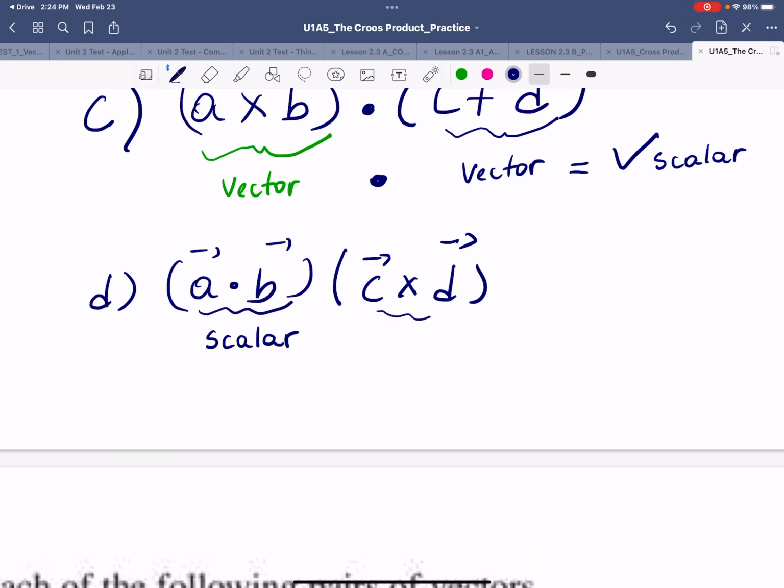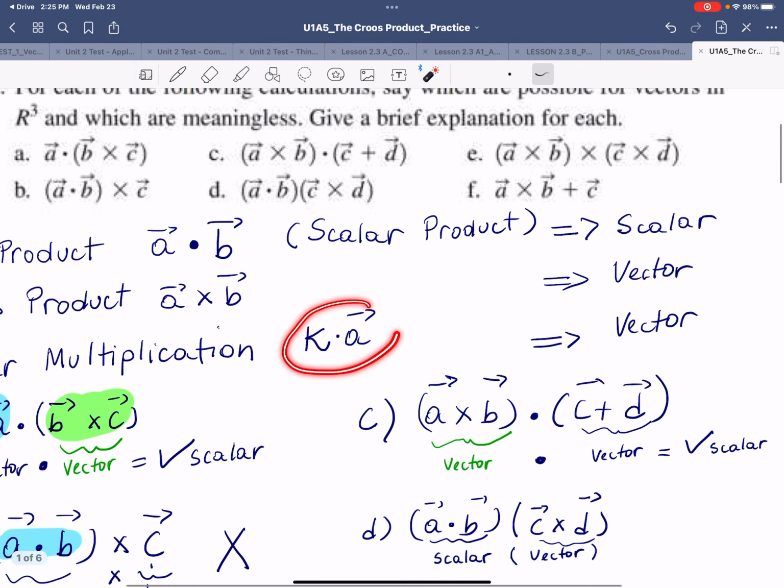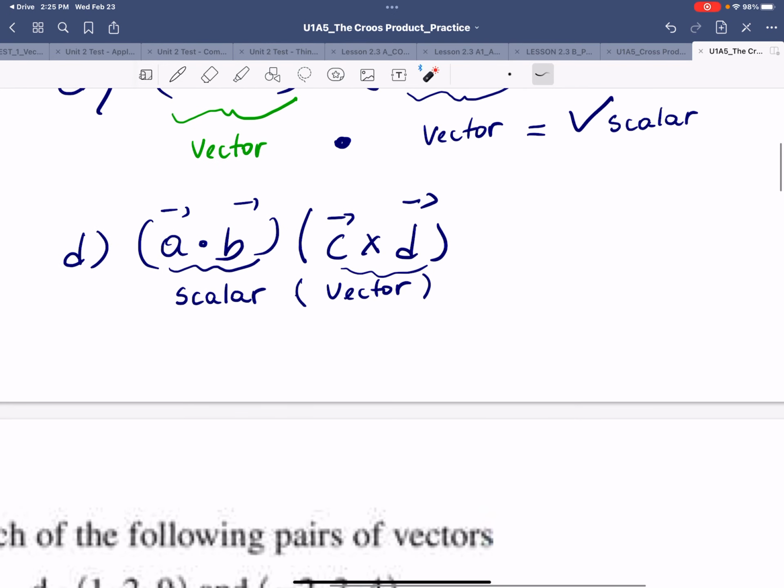C cross D will be a vector. The multiplication here is like a simple multiple of something, not a dot product. That's why you don't see the dot in between. So can we multiply a scalar by a vector? Yes, a scalar multiplying a vector gives a vector.